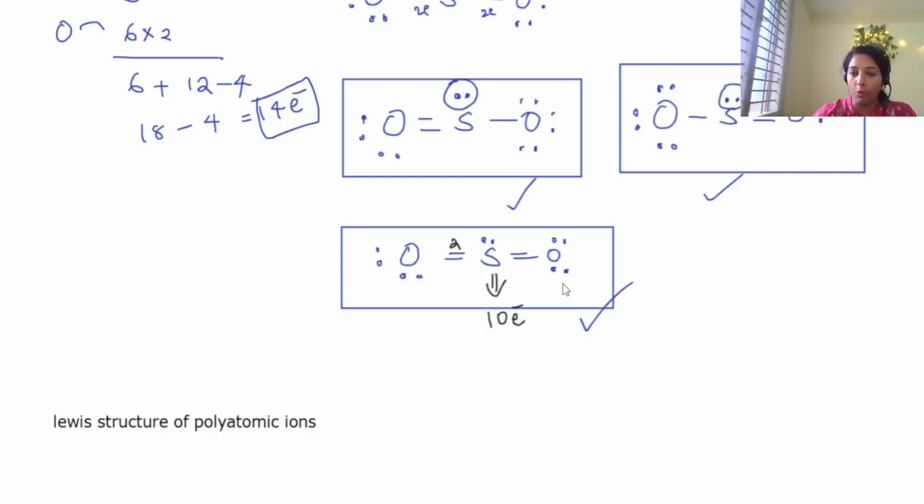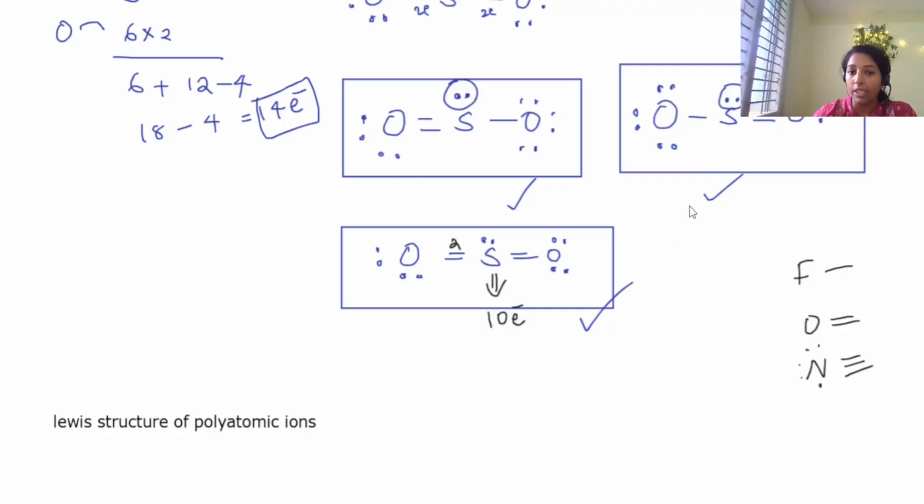Halogens prefer one bond, because they need only one electron. So halogens like fluorine, chlorine, bromine have only single bonds surrounding them. But oxygen always prefers a double bond. Nitrogen has 5 electrons, so it needs 3 more electrons, so it prefers a triple bond.